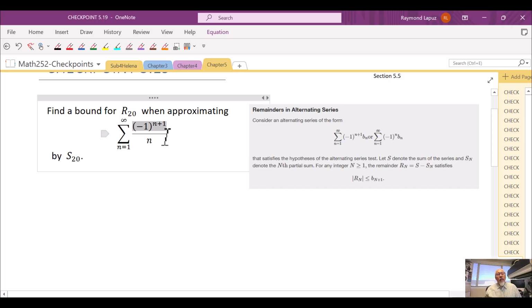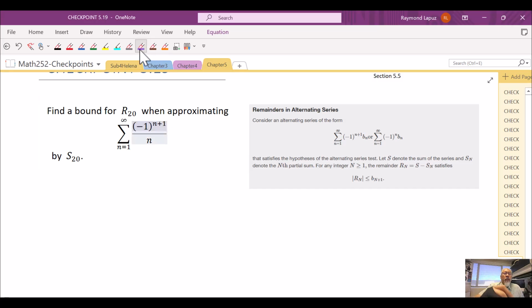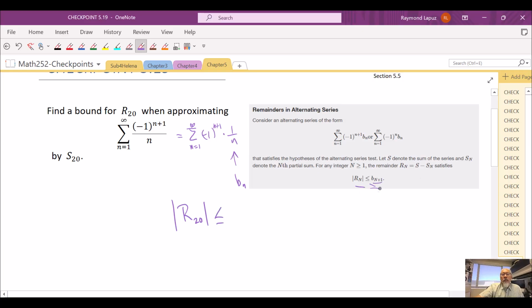Okay, all right, so once we know that, we can say that this series is actually the series as n goes from 1 to infinity of negative 1 to the n plus 1 times 1 over n. So this is simply our b sub n. According to this, our remainder term, r sub 20, is going to be less than or equal to b sub n plus 1.